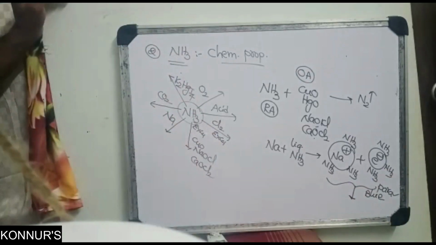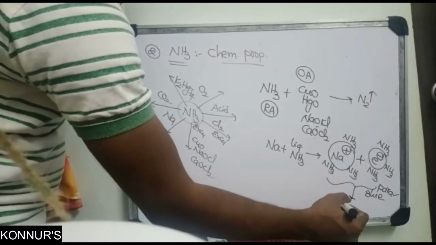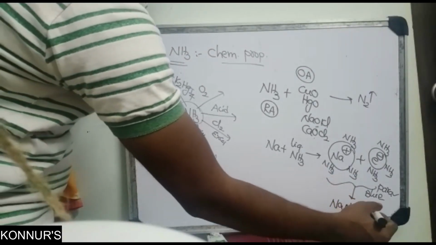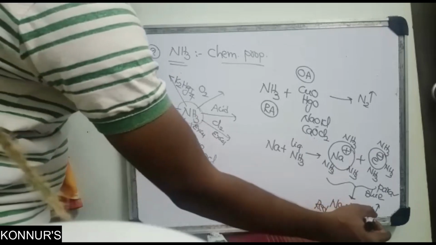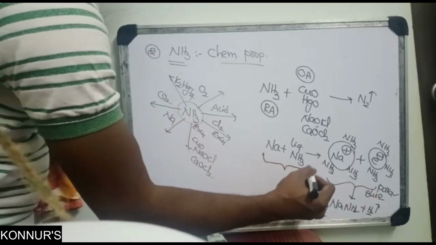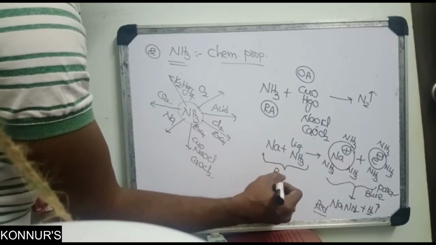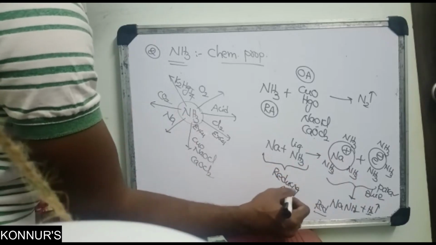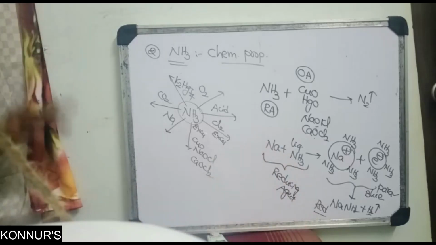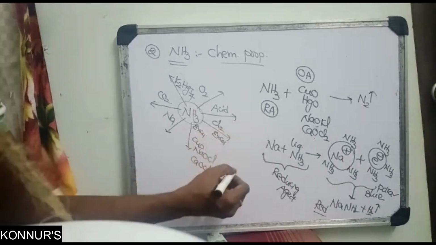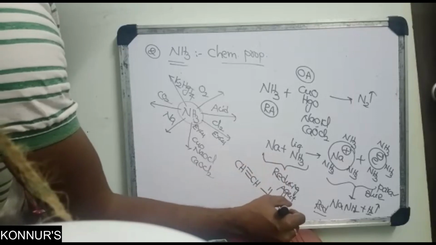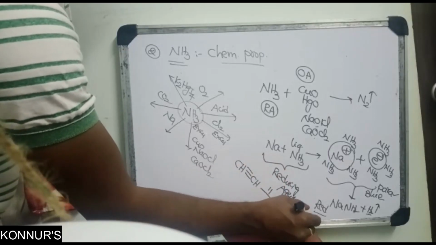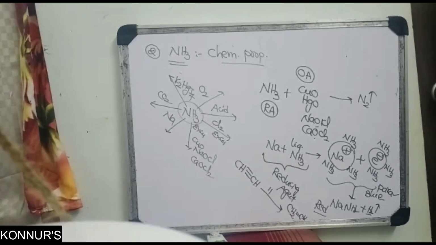After some time, sodium reacts with ammonia, you are getting NaNH2, plus hydrogen gas comes outside and it becomes a red color. So hydrogen is coming outside, that's why sodium plus liquid ammonia acts as a reducing agent. Here the alkynes are converted into alkene. CH triple bond CH is converted into alkene. So this is famous in organic chemistry.